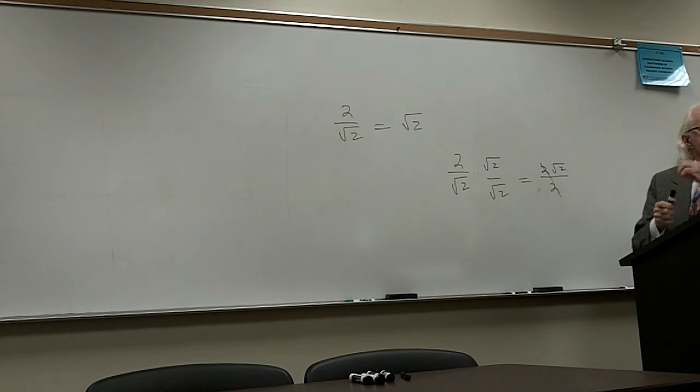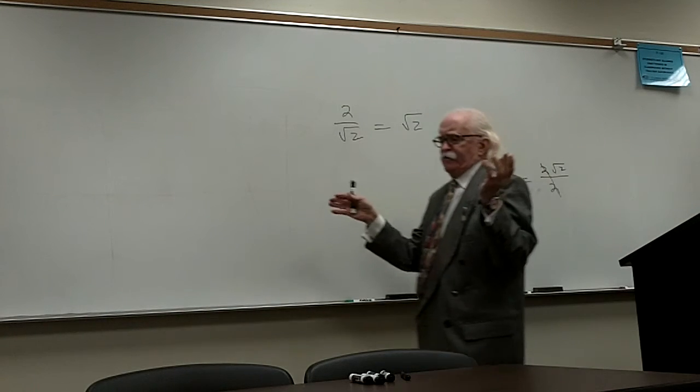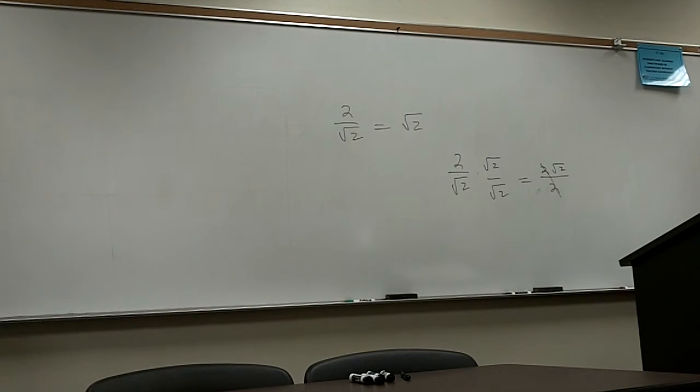See that? I get that quite often. I didn't get the answer they have in the back of the book, because the back of the book says the square root of 2, and I got 2 over the square root of 2. It's the same thing. They just rationalized the denominator for me. Fair enough?